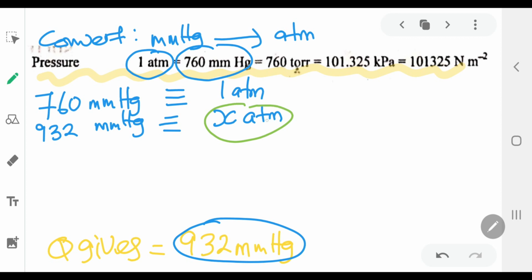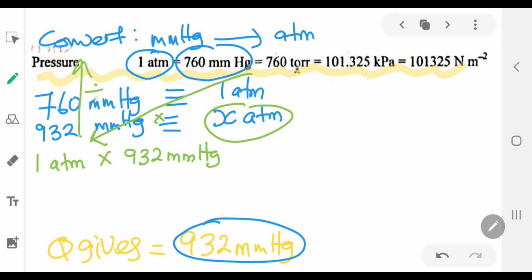So how do you do that? You're going to do cross multiplication. So 1 ATM, you multiply with this, okay? You go that direction. You're going to multiply. So you have 1 ATM times 932 millimeter mercury. And then after you have multiplied 1 ATM with 932, when you go up, that one will divide.